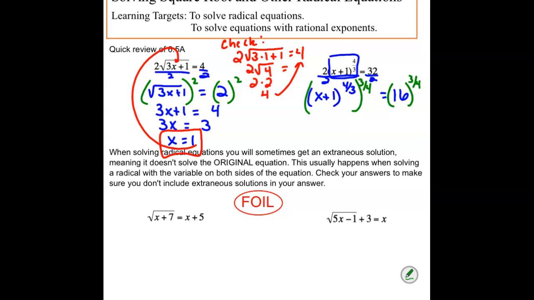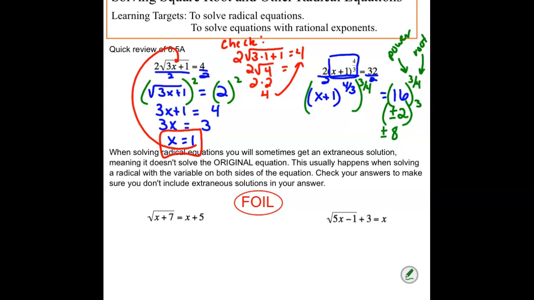Now remember that the top number is your power and the bottom number is your root. And because we're taking a 4th root, we're taking an even root of 16, which means we have 2 possible roots. So plus minus 2, the 4th root of 16 is 2. Then we have to cube that, and that will get us plus minus 8.